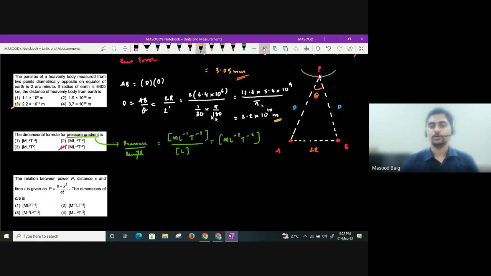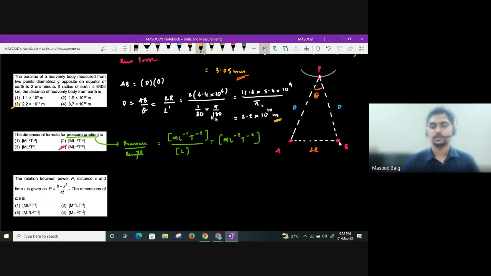In order to measure the distance of the planet from the Earth, we are taking 2 observatory points on the extremities of the equator, or the diameter. From here to here is the distance between the Earth and the planet, and from here to here also.